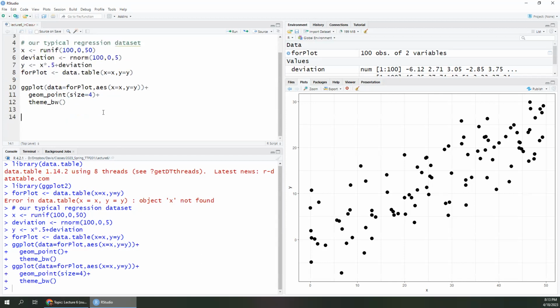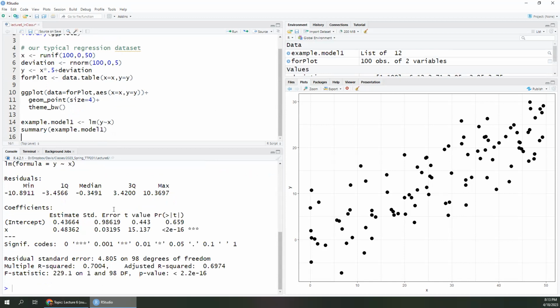And this time, let me also quickly do the regression. And we can see our typical estimates. Slope is about 0.5. Intercept is technically 0, but this isn't statistically significant. So all of this is totally fine.